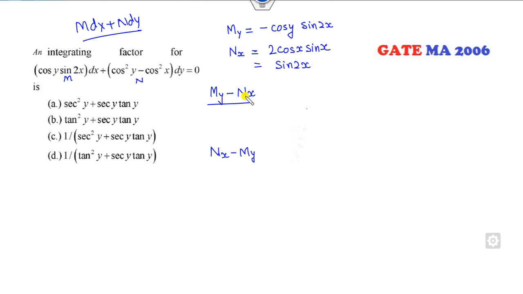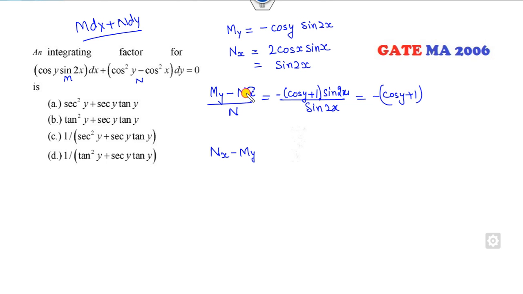So if I start from this, I divide it by N, and the answer must be in the form of x. If I subtract them, what will happen? It is minus cos y plus 1 of sine 2x. Is it possible if I divide this by N? N is here. The answer is minus cos y plus 1.